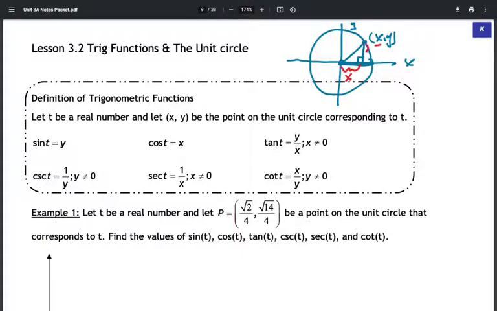And the distance from here to here is the y value that matches this y value in the ordered pair. So you have a right triangle created in there. And the fact that it's a unit circle means that your radius is 1 all the way around that unit circle.